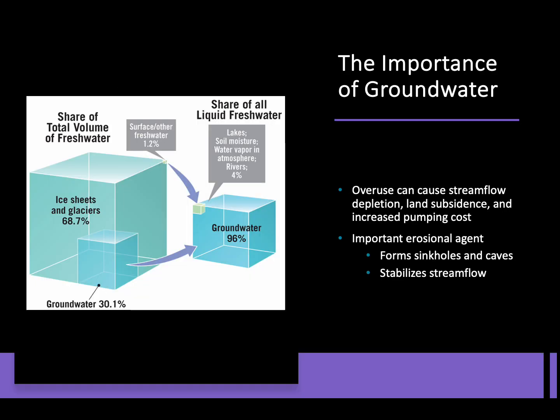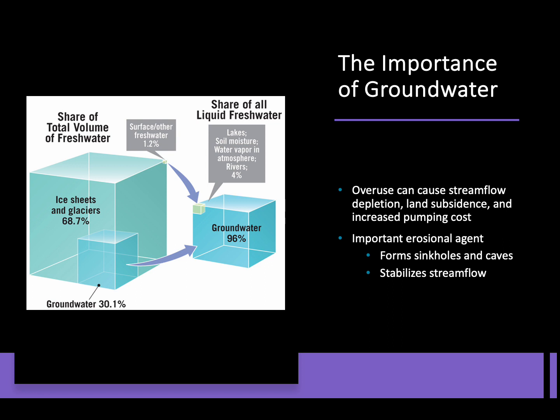But groundwater is incredibly important, especially when it comes to us overusing groundwater. If we use too much groundwater, a lot of really negative things can happen, like decreasing the amount of water within our streams. The land can start subsiding or start sinking down, and it can lead to increased water costs.